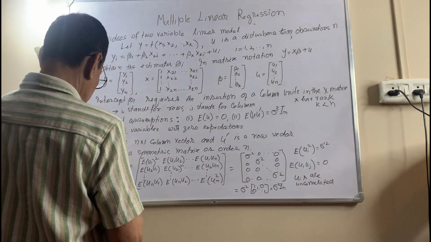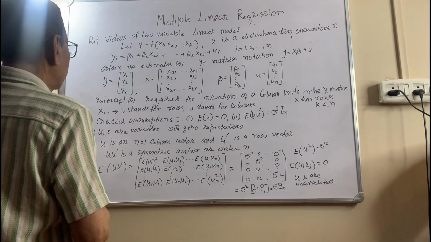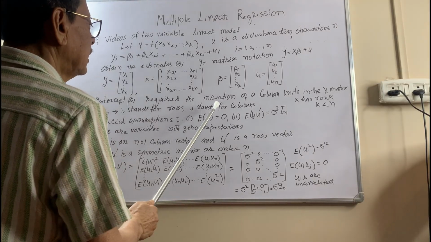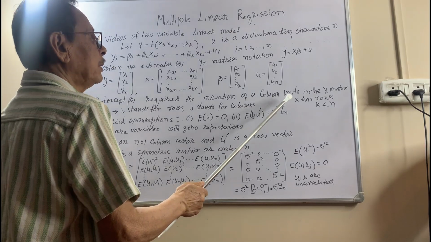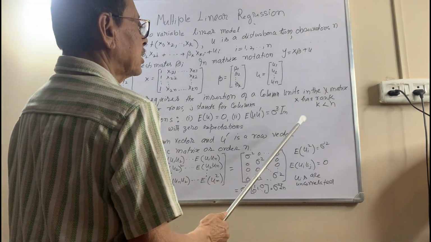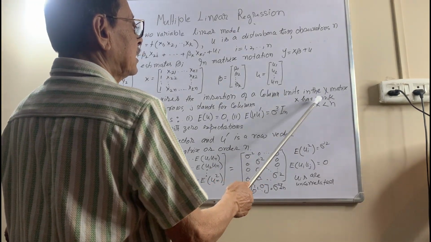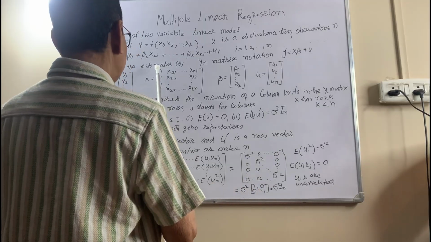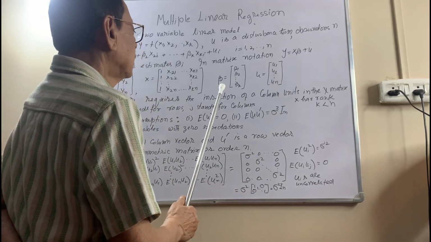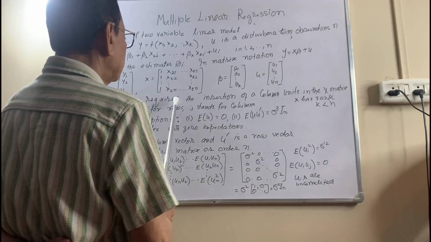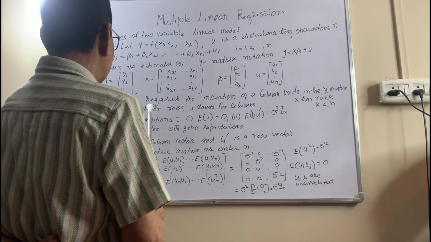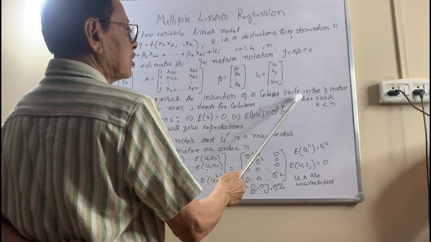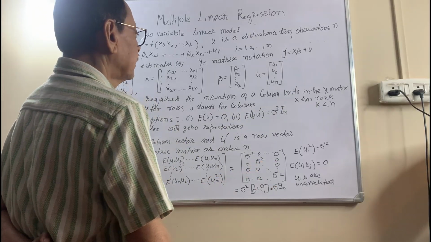Now the intercept beta 1 requires the insertion of a column of units in the X matrix. X has a rank k less than n. So as I said earlier, that is why 1, 1, 1 is considered, and we have to insert a column of units in the X matrix.